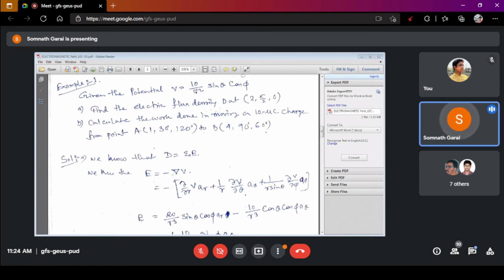If we put these values in this equation, we get the electric potential at point A. And if you put r equal to 4, theta equal to 90, and phi equal to 60 in this equation, we get the electric potential at point B.